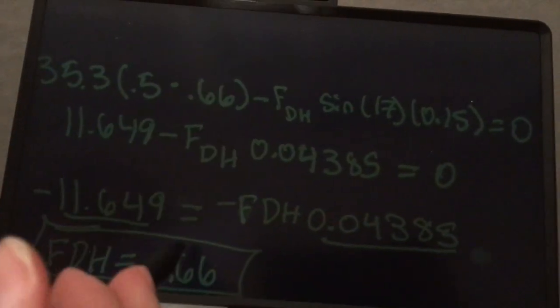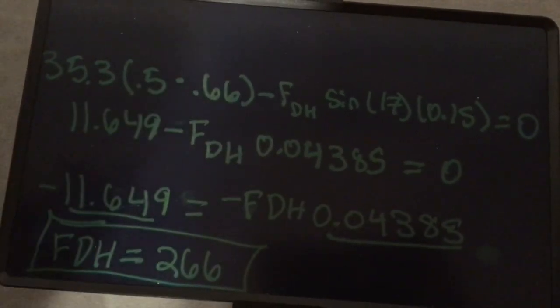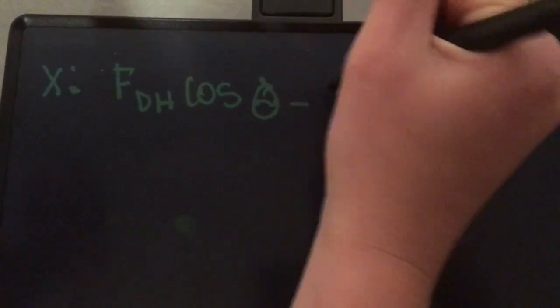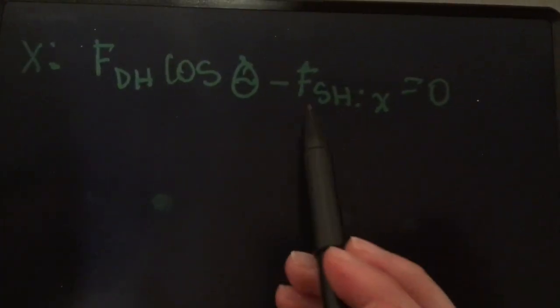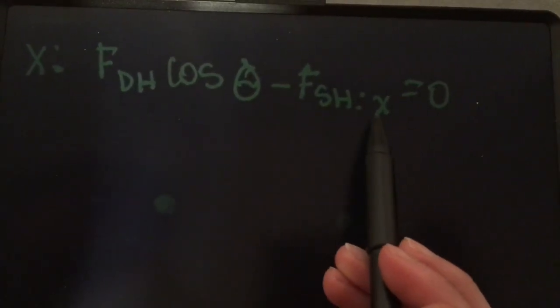Now we're going to take that FDH and put it in our original problem to solve for the x and the y. So now, if we remember, for x, we're going to do FDH cosine theta minus FSH x equals 0. Remember, this is the deltoid on the humerus, and this is the scapula on the humerus in the x direction.